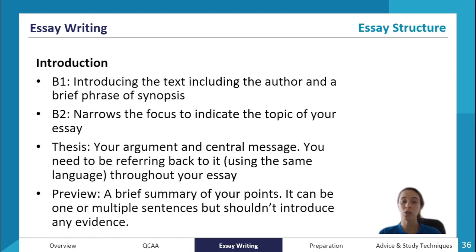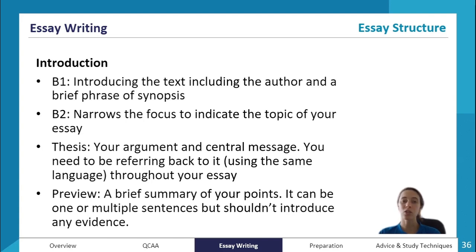And you want to avoid a few different things as well. Don't be tempted to praise the author or praise the text. It doesn't actually add any value for you to be saying what a famous and great author they are, how amazing the text is and well acclaimed and things like that.